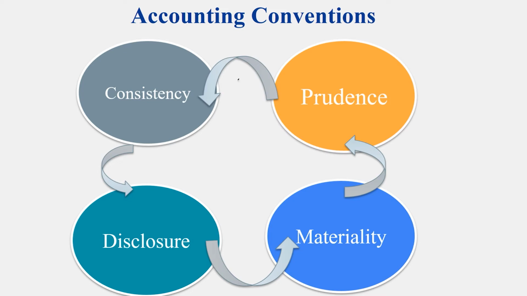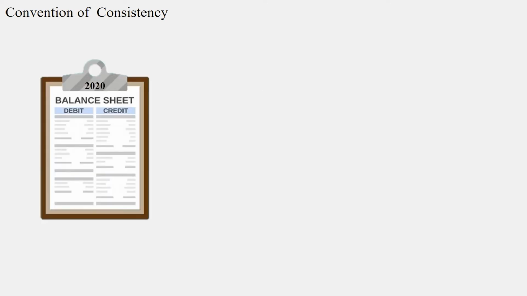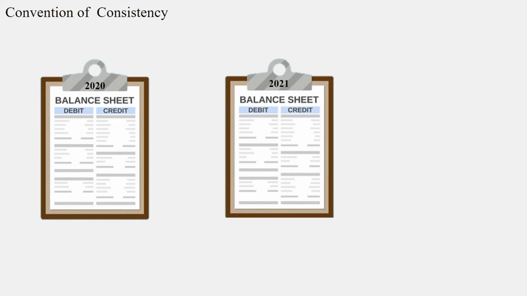Very firstly, we'll talk about the convention of consistency. To compare the results of different years, it is necessary that accounting rules, principles, conventions, and accounting concepts for similar transactions are followed consistently and continuously.